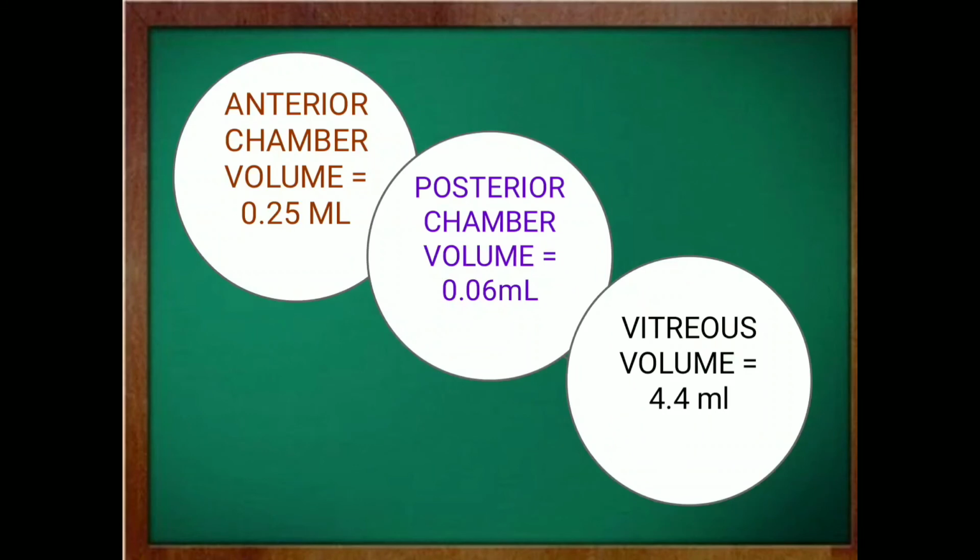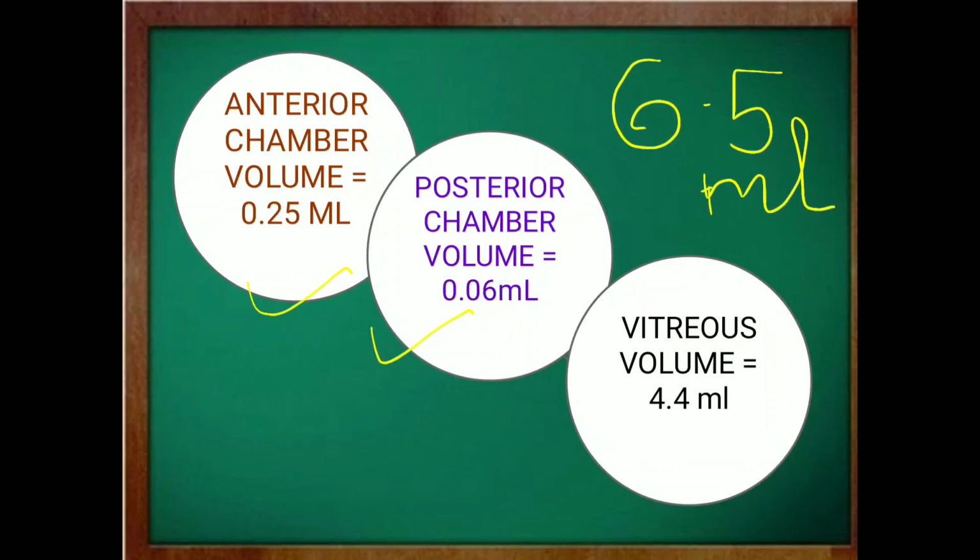I want to tell a few more detailed points about the volume of the eyeball. We know the total volume of the eyeball is about 6.5 ml, and this is divided into anterior chamber volume, posterior chamber volume, and the vitreous volume. So your anterior chamber volume is about 0.25 ml.